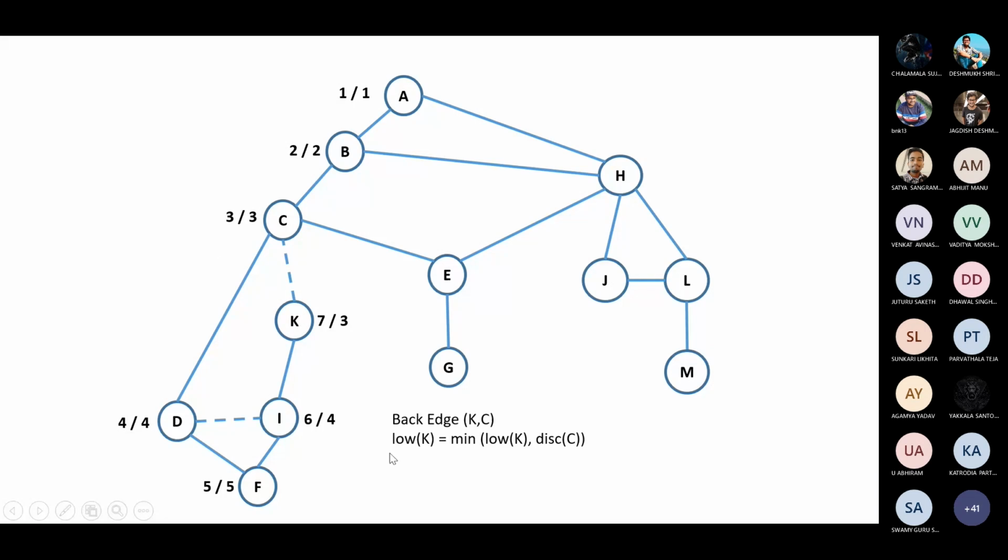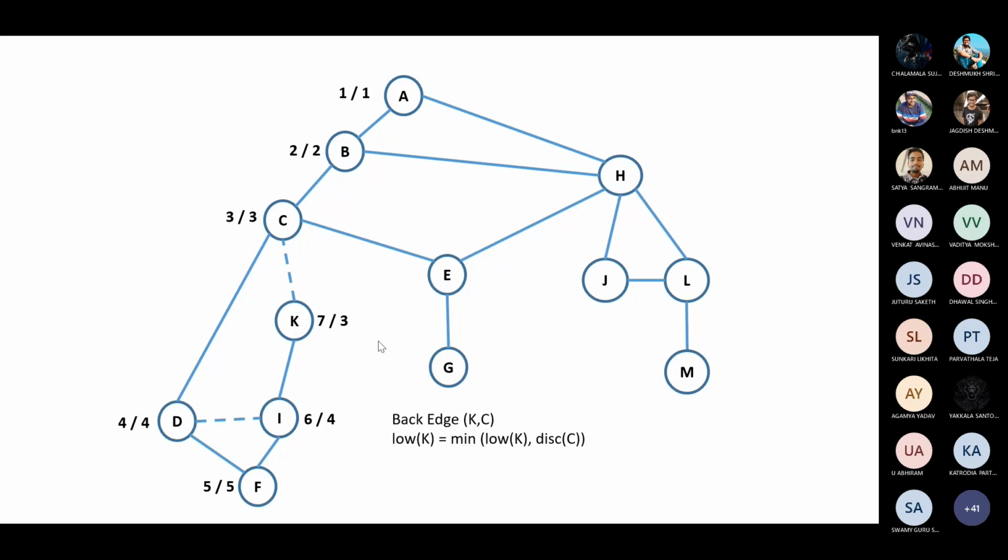Now if you look into these values, what do you understand about what this low value actually signifies? Okay. Actually, not now, let's come to that a little later. Let's execute this whole algorithm once, then we will see what this low value actually signifies.